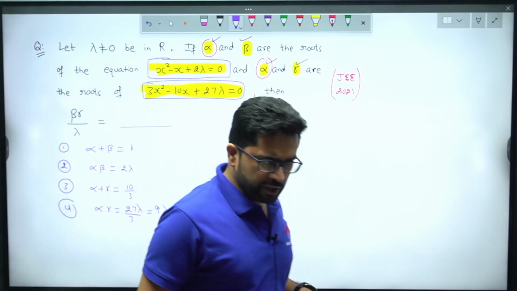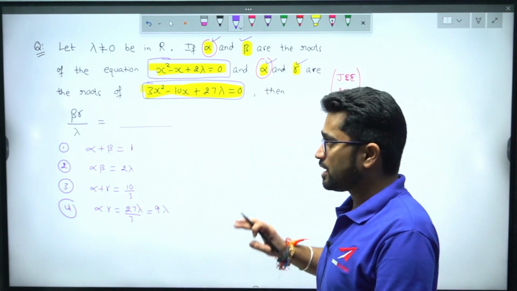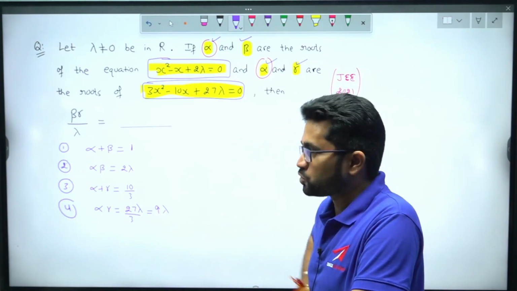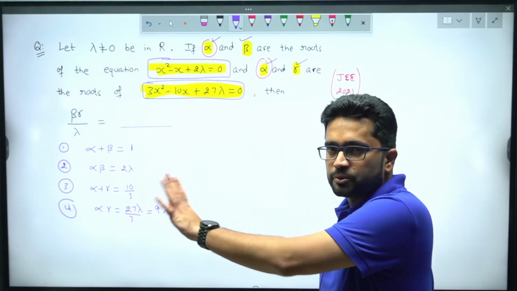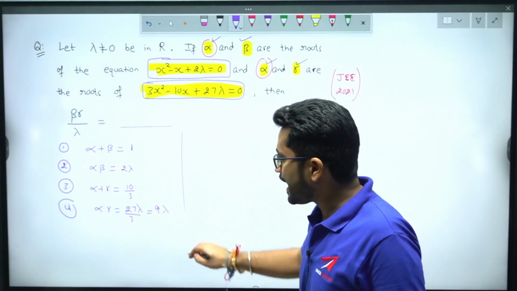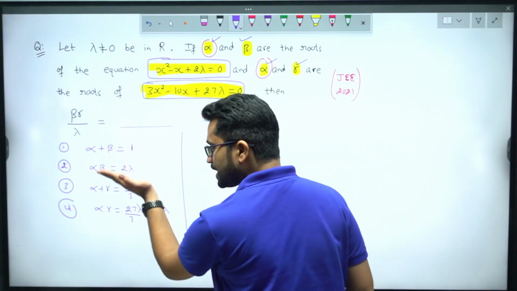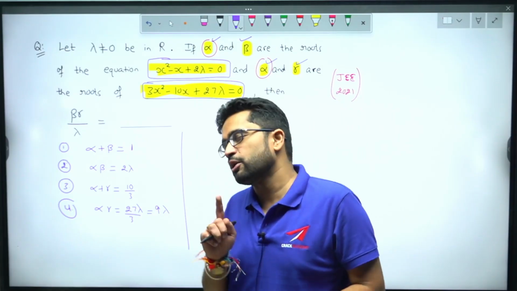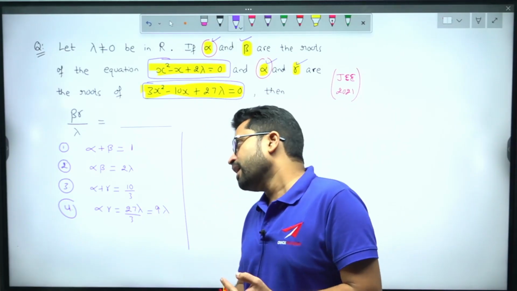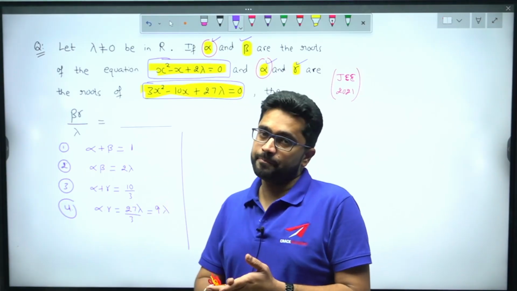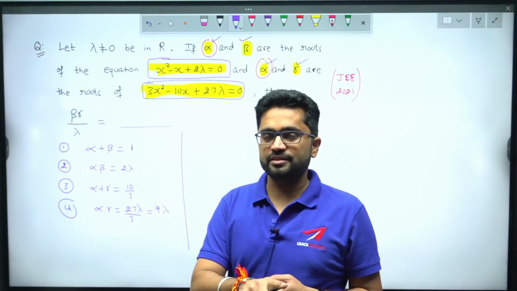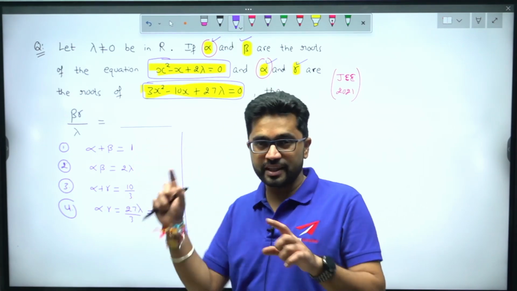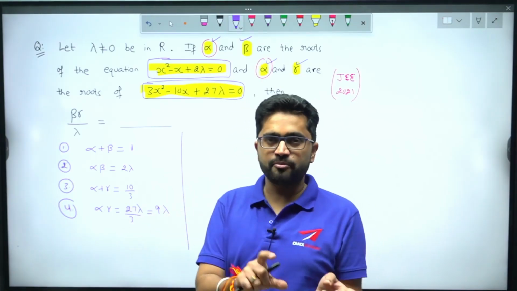I'm not going to eliminate alpha. JEE Mains is there now, and they are not going to go for the lengthy approach, so please use a smarter approach. Now, can we solve these 4 equations to get the values of alpha, beta, gamma and lambda? 4 equations, 4 unknown quantities is a win-win situation, because we have an equal number of equations and unknowns.